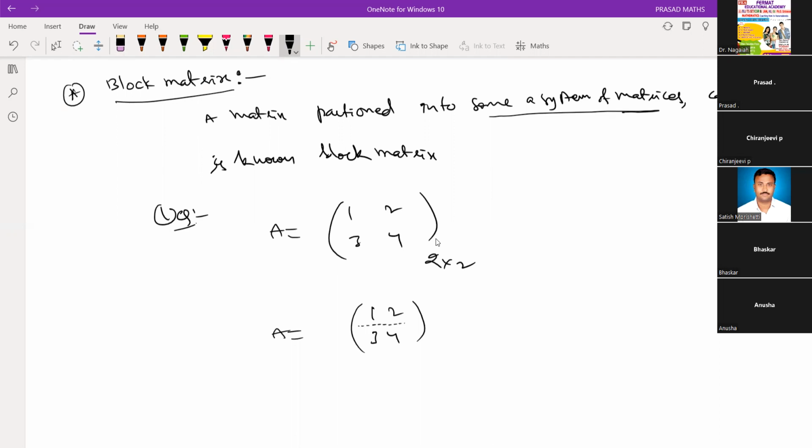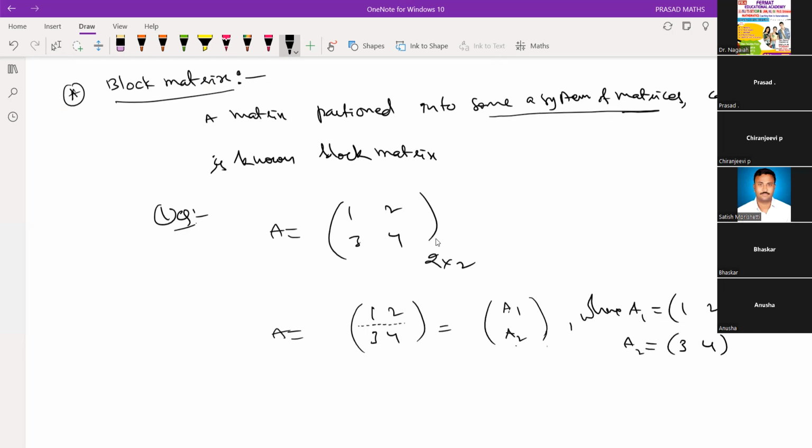You know it is nothing but what? A block matrix, because I can write this matrix as A1, A2, where A1 is equal to 1, 2 and A2 is equal to 3, 4. So it is a block matrix. Why? Because it is partitioned into a system of matrices. A1 is a matrix, A2 is a matrix.